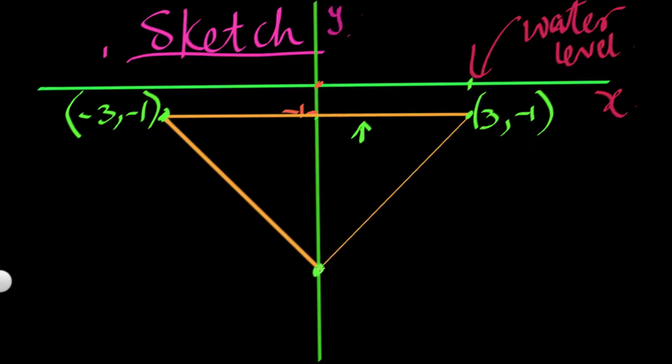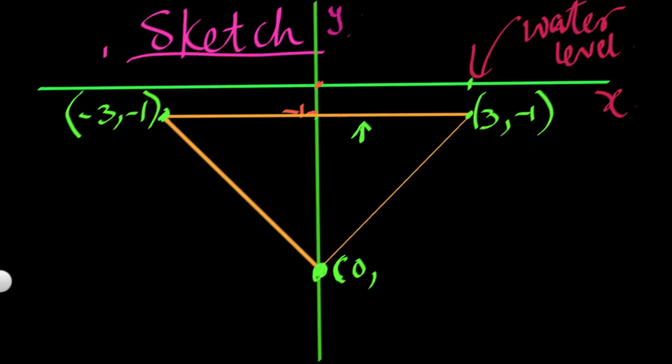And this point here, which is the third vertex of our triangle, we know something. We know x is 0, but we don't know the value of y. Let's go back to our question. It may say something about this. They said the canal is 5 meters deep.